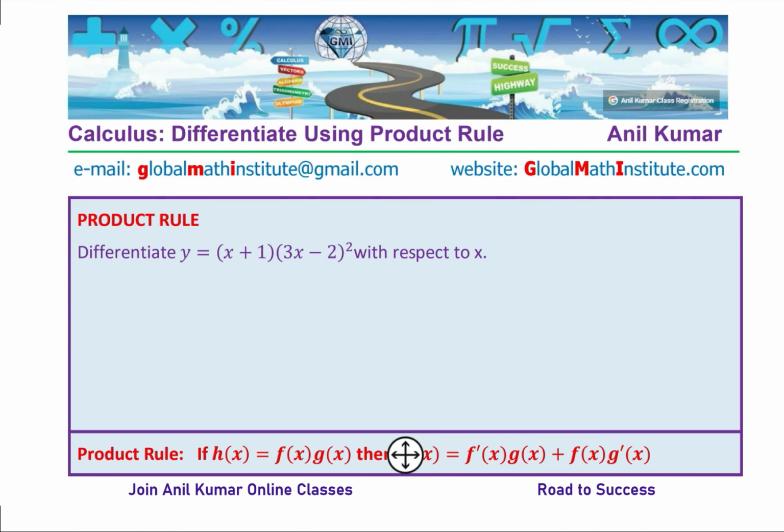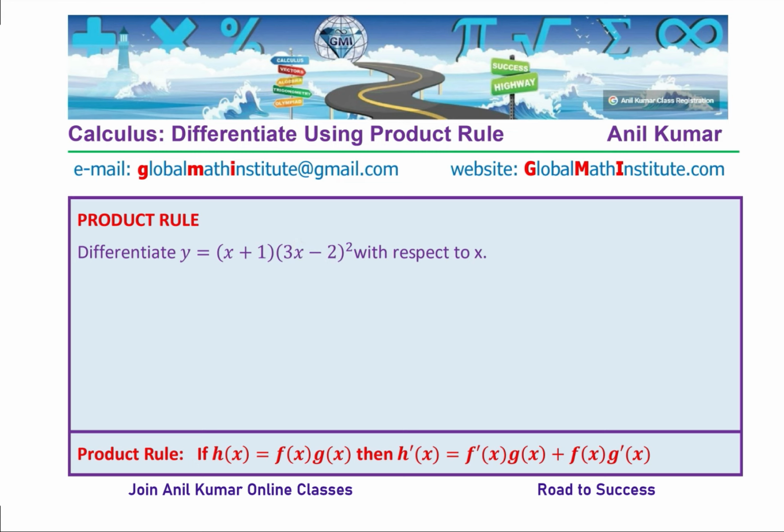Question number 1. We are given that y equals (x plus 1) times (3x minus 2) whole squared. So now we'll take f of x as the first term and g of x as the second term.